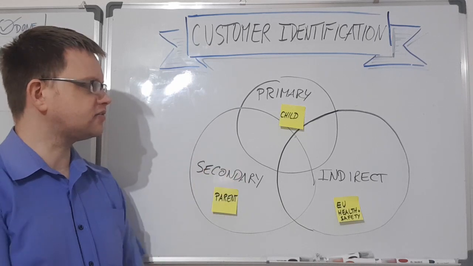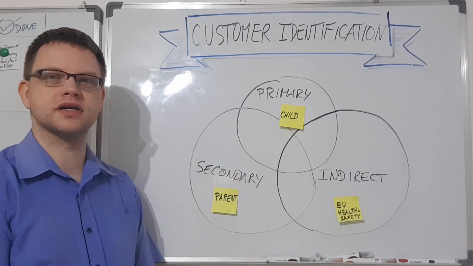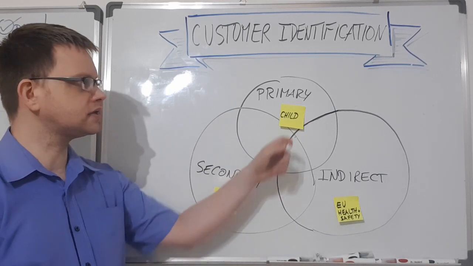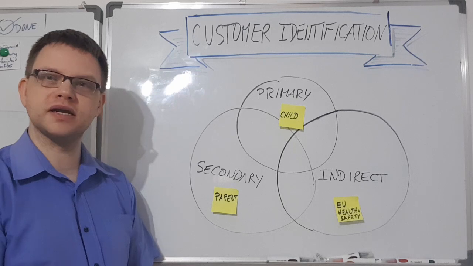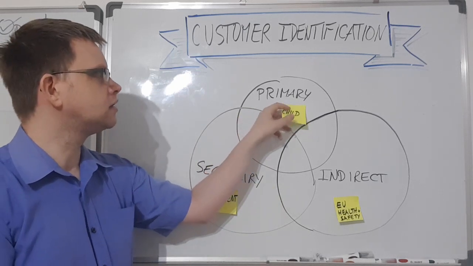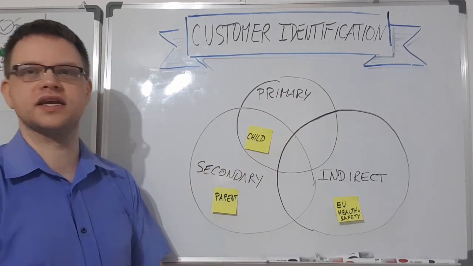And this diagram is also a typical example of how this model could work out in different ways. For example, the child could have money by themselves and they could go out and buy their own teddy bear, which might make them both a primary and a secondary customer.